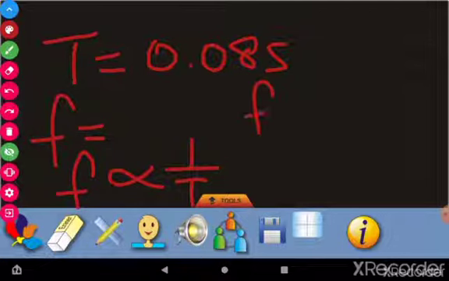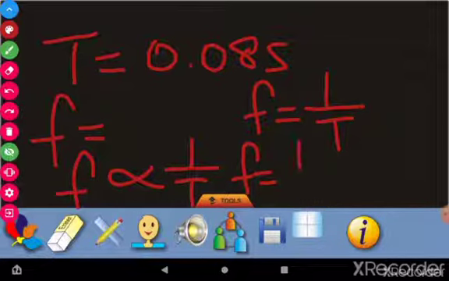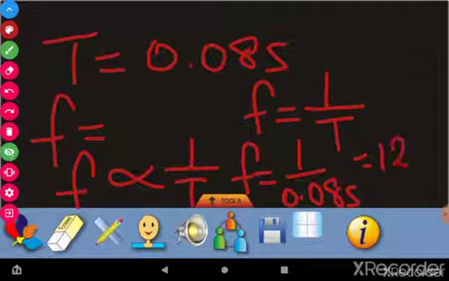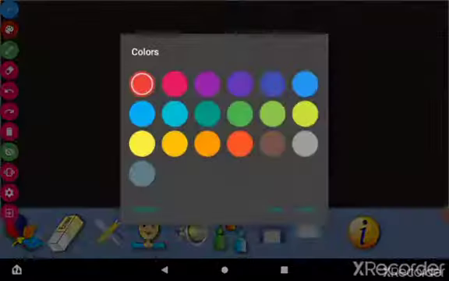Therefore, the frequency would be equal to 1 over the time period. Let's quickly work that again. Frequency is equal to 1 over 0.08 seconds. And that should give us 12.5 Hertz. Let me change the color of this ink.